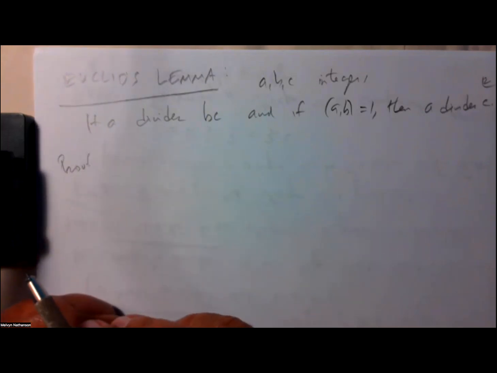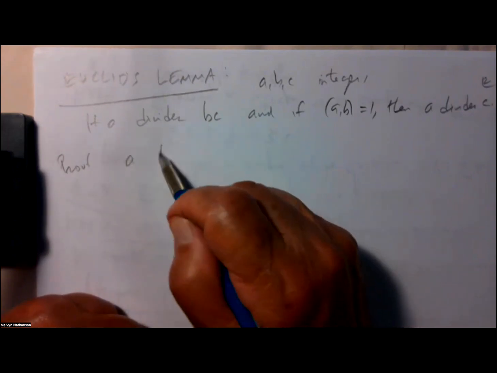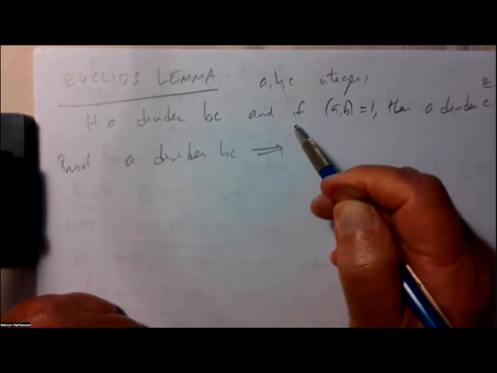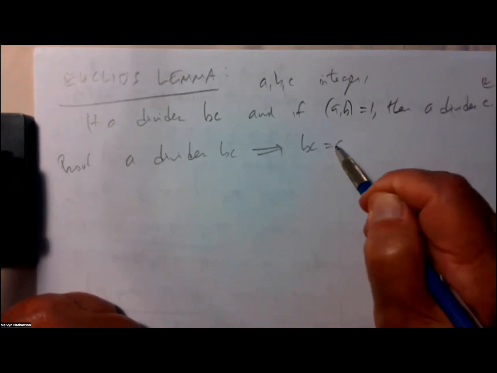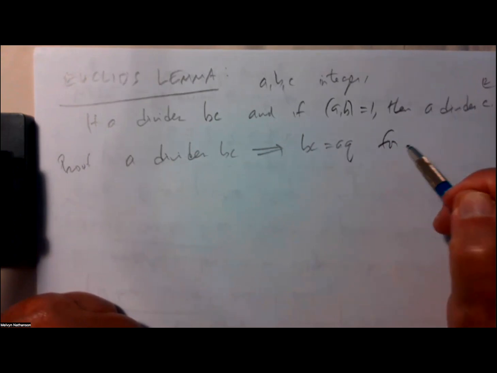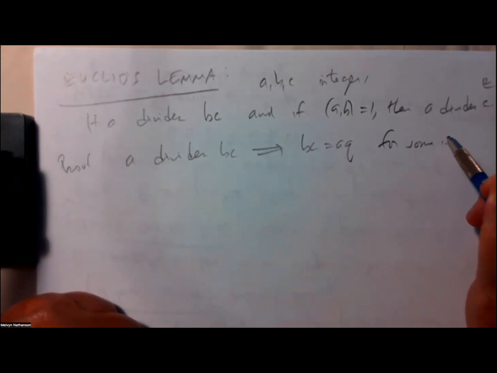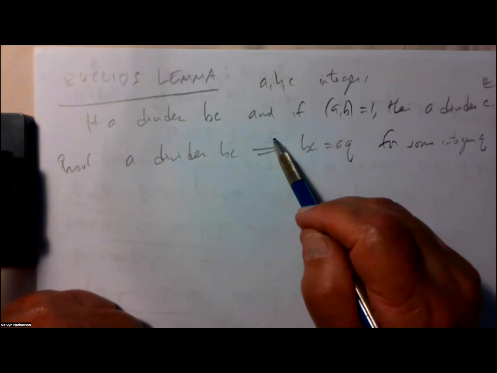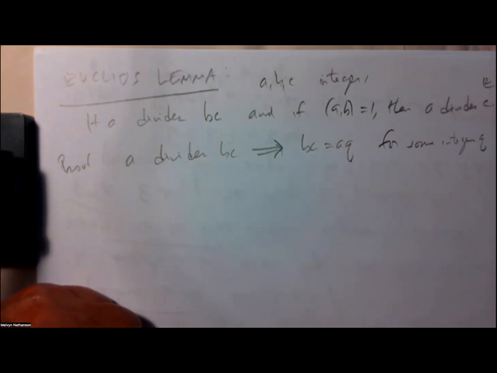And the proof can be written like this. Because A divides BC, that means BC is A times Q for some integer Q. That's the definition of divisibility.